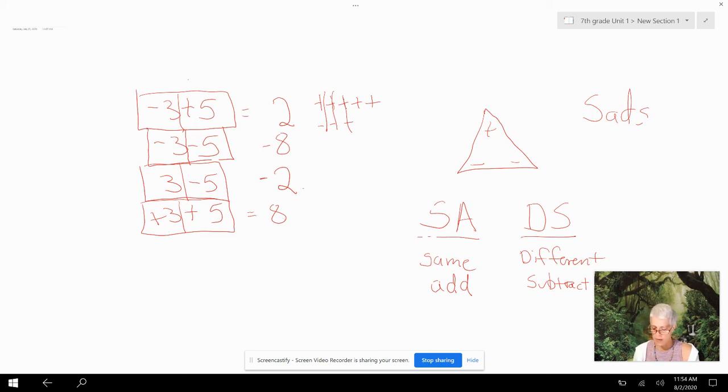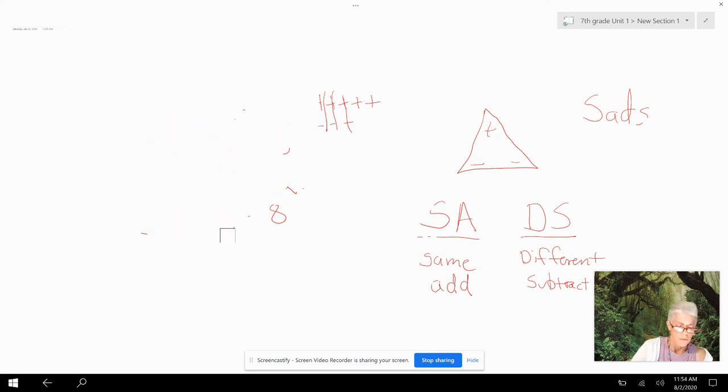Now, the last part I'm going to do is when we have extra symbols in there. It can get pretty confusing. So I'm going to show you what I refer to as cleaning up or simplifying the equation before you get going. So what if I had 3 minus a negative 2?